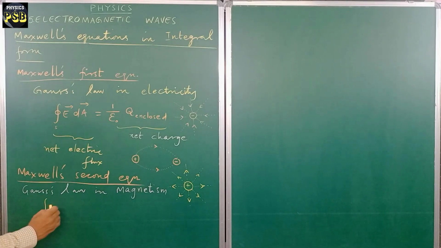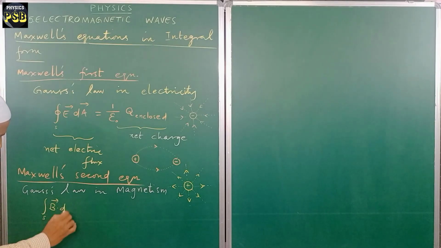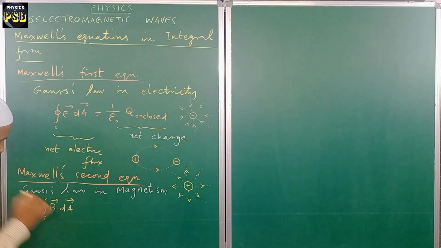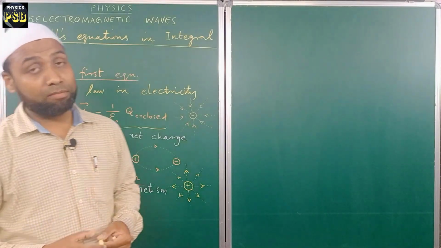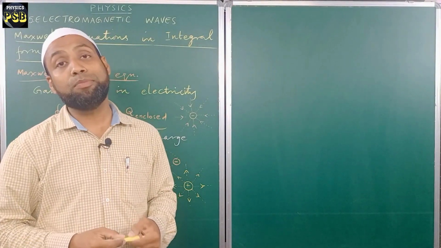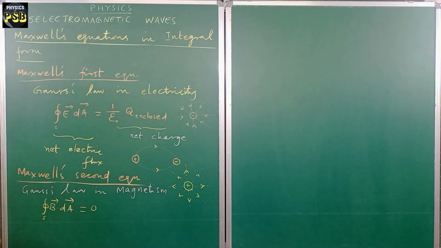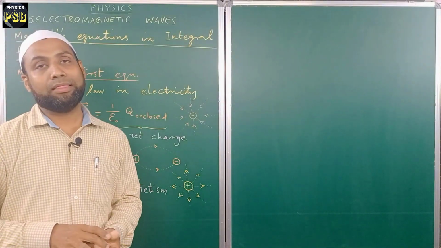Surface integral of magnetic field over a closed surface, a closed path, is equal to 0. Now here we have 0. What does it mean? It means that magnetic field lines start from the north pole and end at the south pole of a magnet, and these magnetic field lines form a continuous closed path.